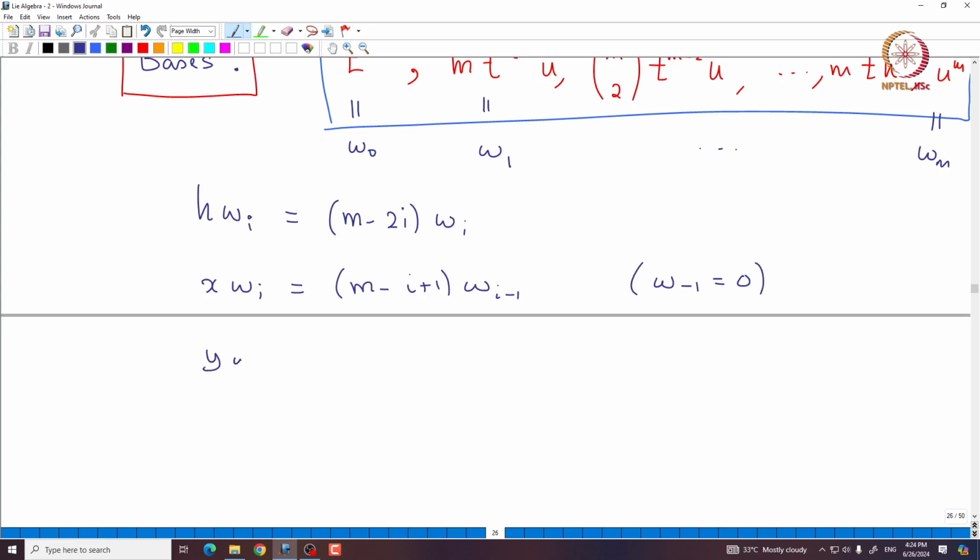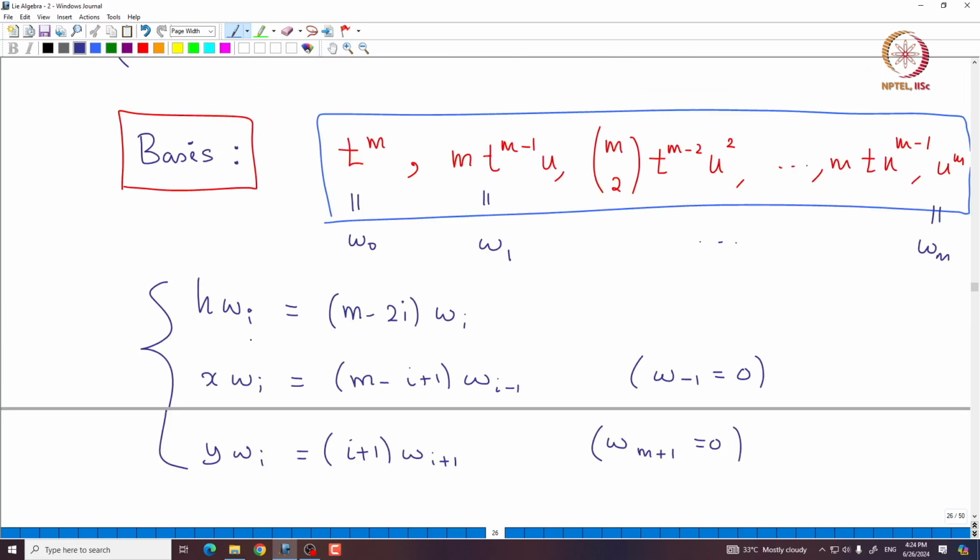Similarly, y w i is given by i plus 1 w i plus 1, and again here we set w m plus 1 to be 0. These formulas again can be verified directly using the action of h, x, y on this homogeneous polynomial. So, let me just verify the very first one. I will leave it to you to check the remaining thing.